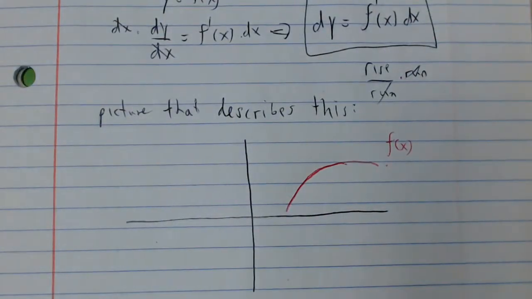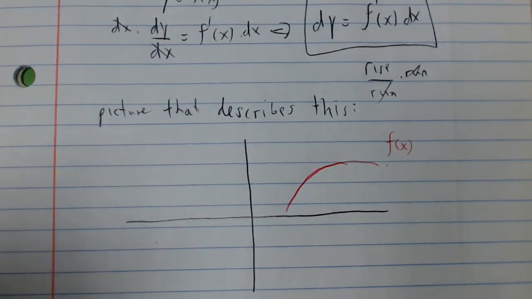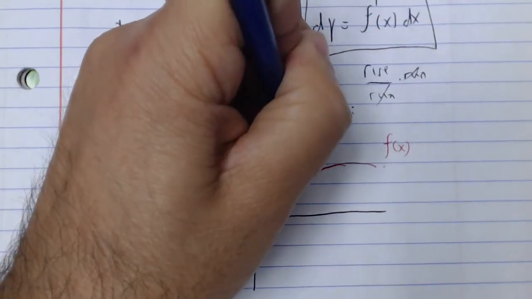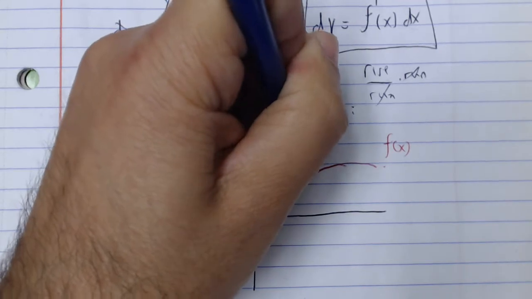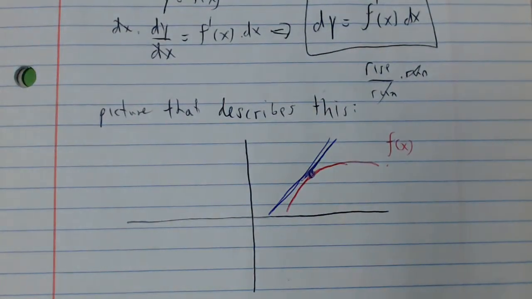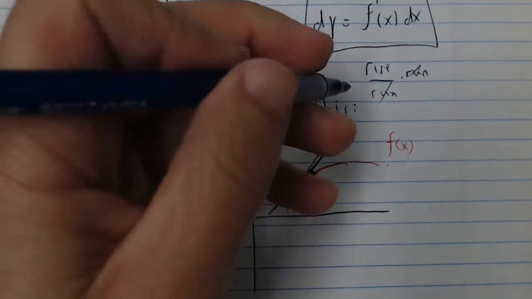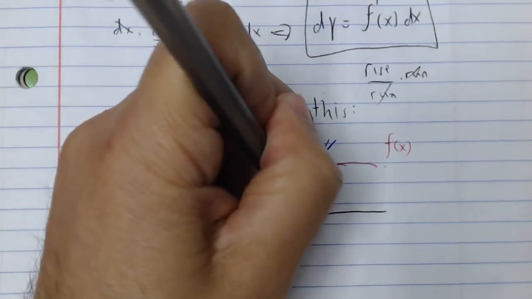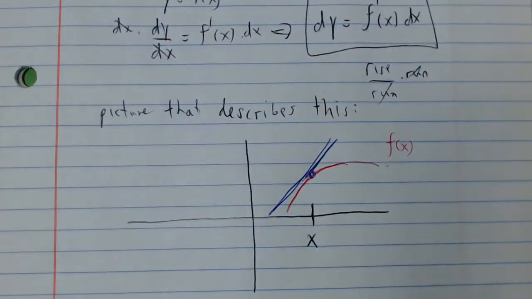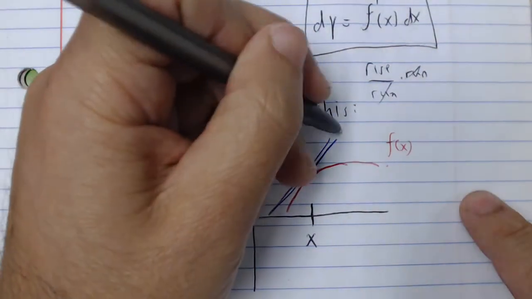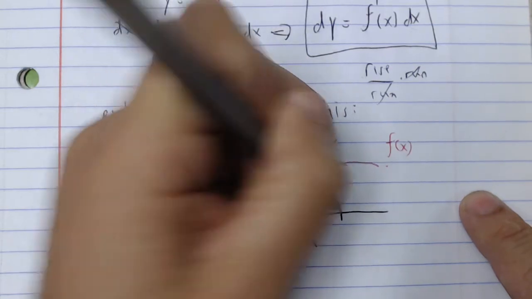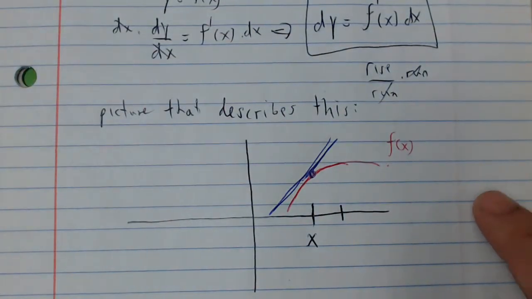Then we have a tangent line, and let's call this the point of tangency. So there's my tangent line. Here's what differentials does. If this is my x value, which is my starting value, and I want to use the tangent line to approximate the y value of this function, let's say here, what do I notice?